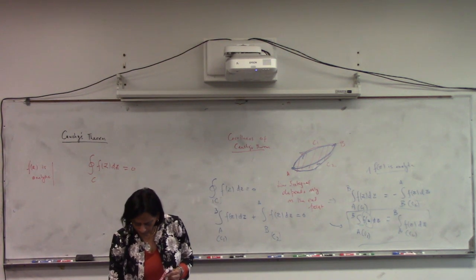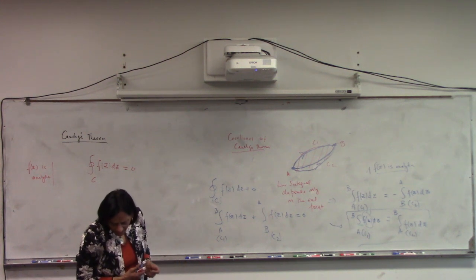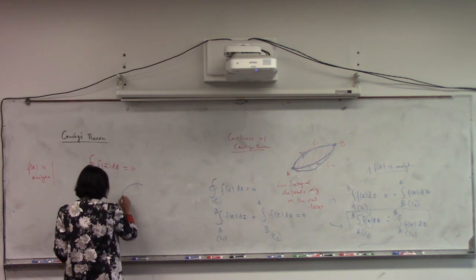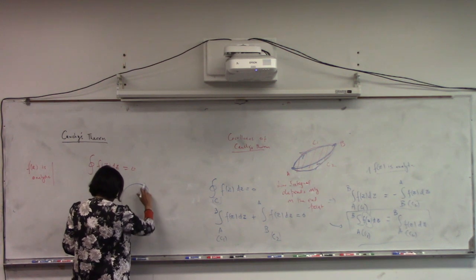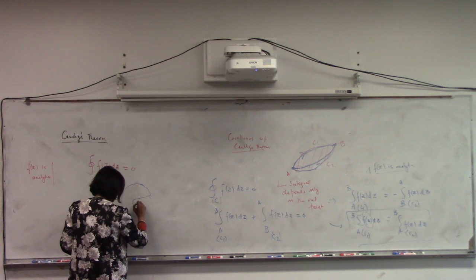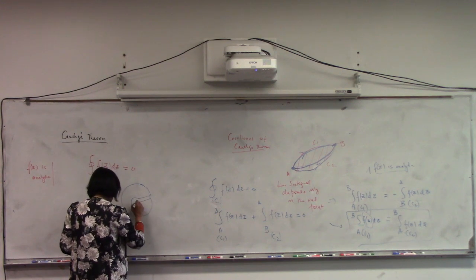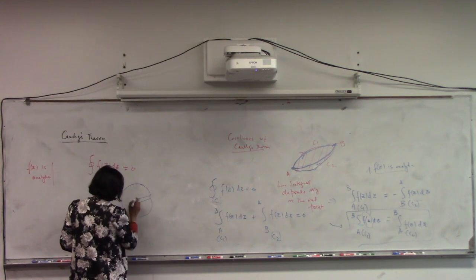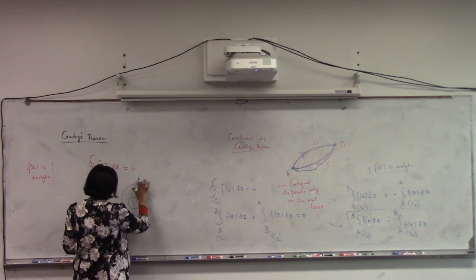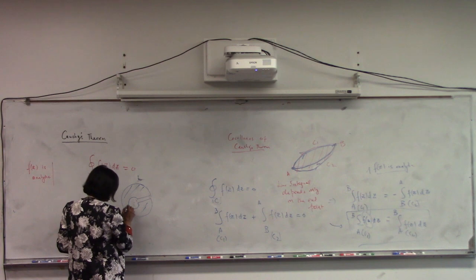Okay, let's further exploit this kind of argument. So supposing I have a function f of z that is analytic on the big circle in this annular region and also on the smallest circle.